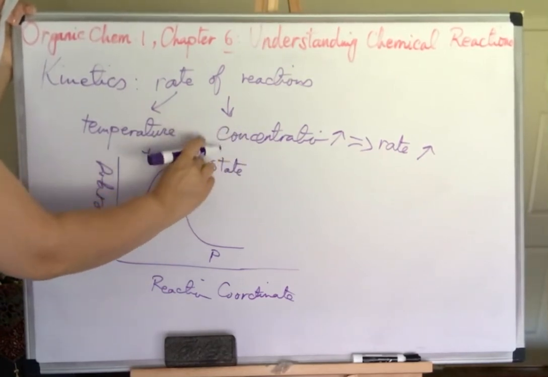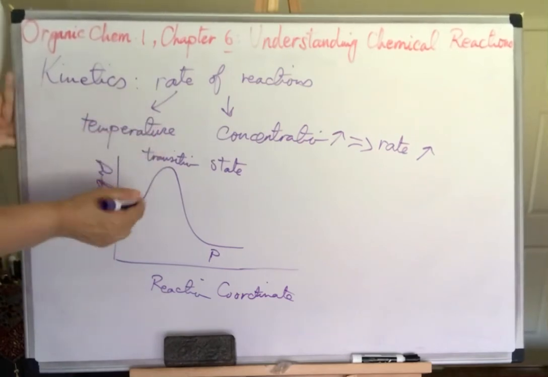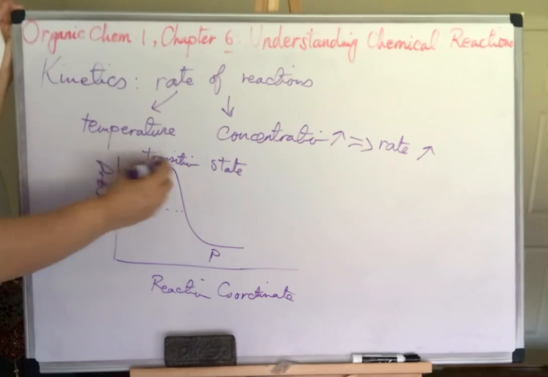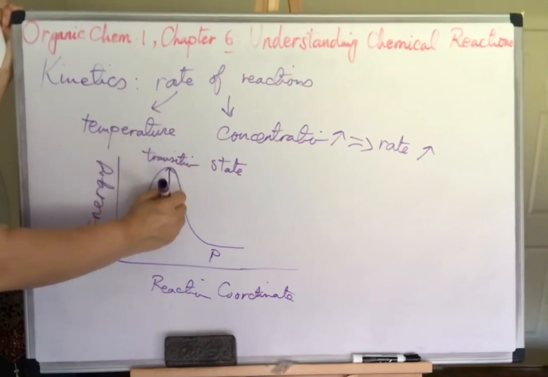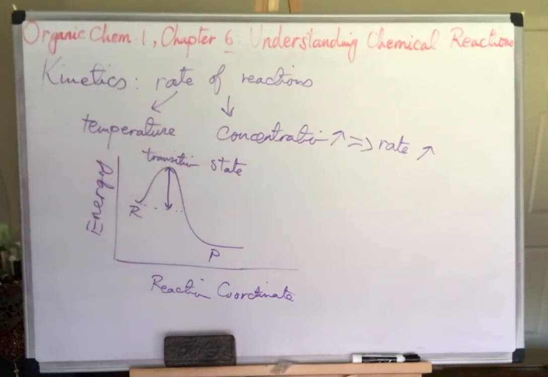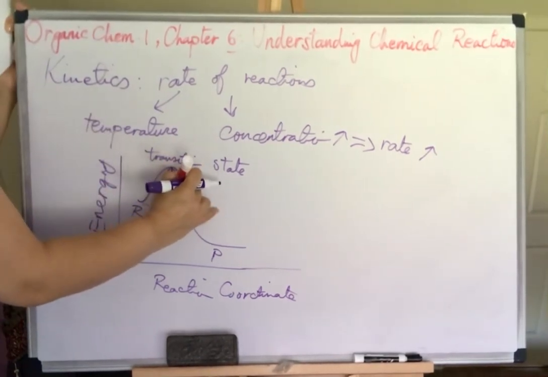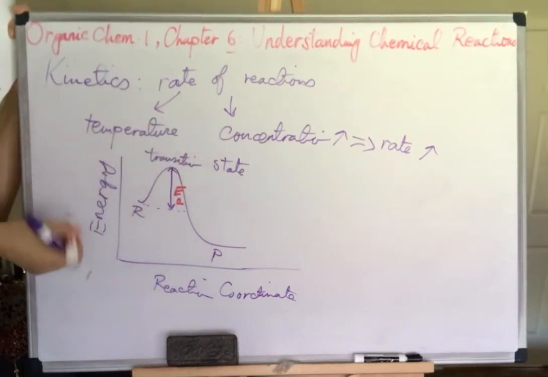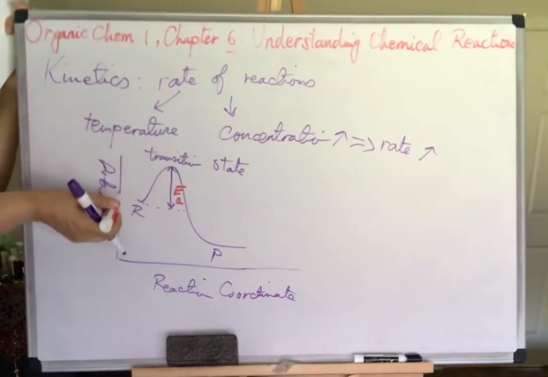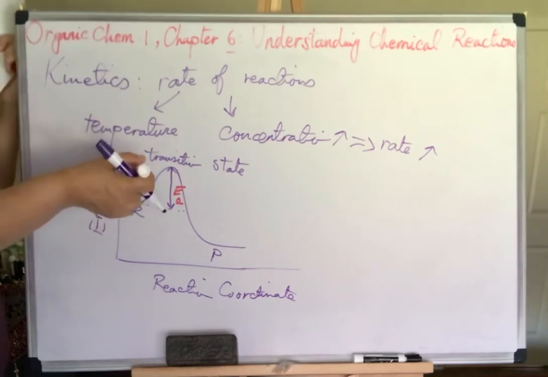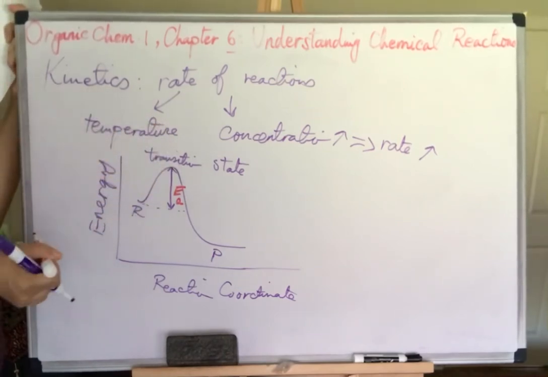The difficulty of a reaction is this part, where reactants change to the transition state. The distance between reactants and transition state is called activation energy. This is the amount of energy needed in a reaction to unlock the reactants, break the bonds, and take them to the transition state.